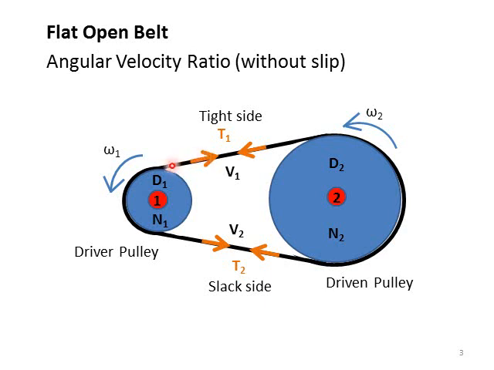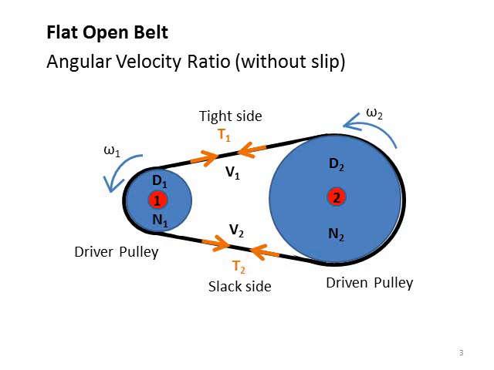So the side where there is a pulling mechanism is referred to as the tight side, and there will be more tension as compared to the side which is the pushing side.